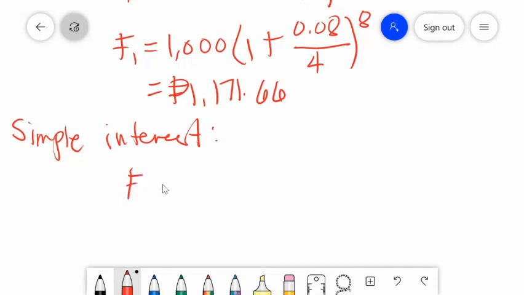Future worth is equal to P multiplied by 1 plus NI.